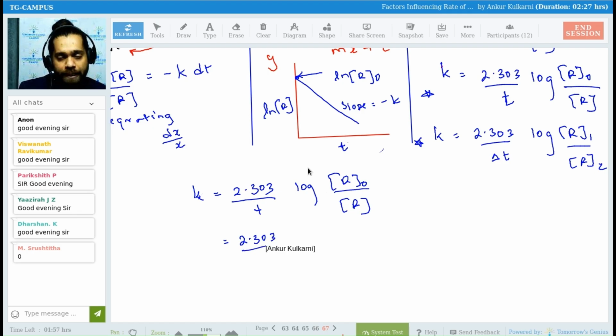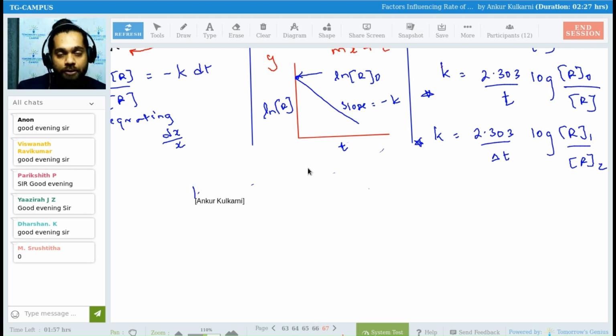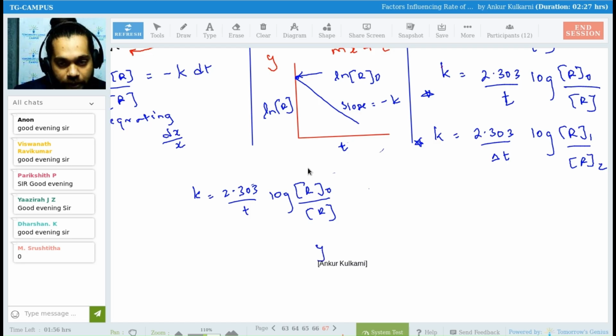What we have right now is K is equal to 2.303 over t, log of R naught over R. So log R naught over R I'll keep as the y-axis, and remaining everything I'll take to that side.